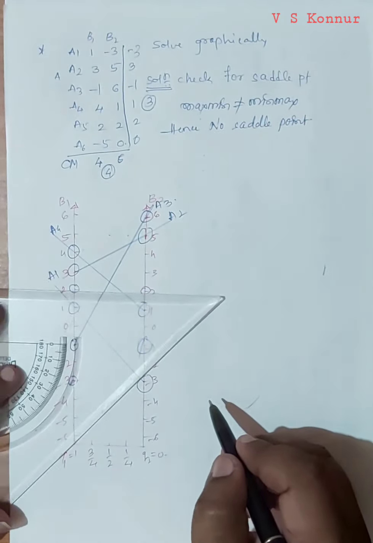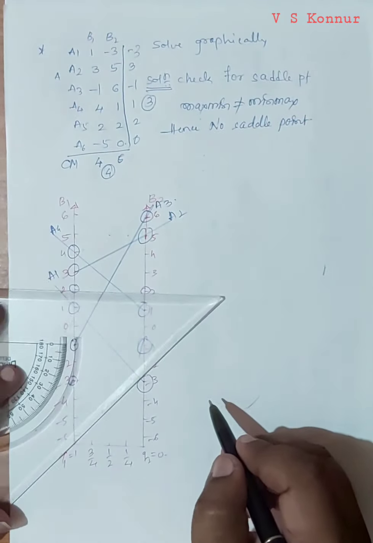Next, A6 minus 5, 0. Call it as A6. Now, the upper region you have to select, and lowest point you have to select. And this will give the value of the game. So it is around 3 to 4, 3.5 around we will get.